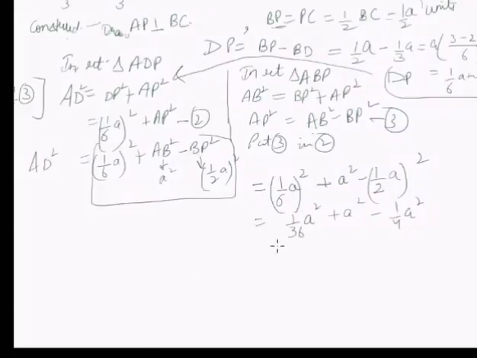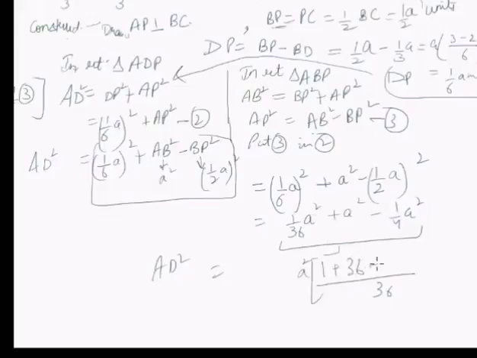Now on taking the LCM of this, we can say that AD square has become 36 as LCM, and A square can be taken common from all the terms. So we have 1 plus 36 minus 9, which on simplification will give us 28 over 36 A square, and on further simplification will give us 7 by 9 A square.